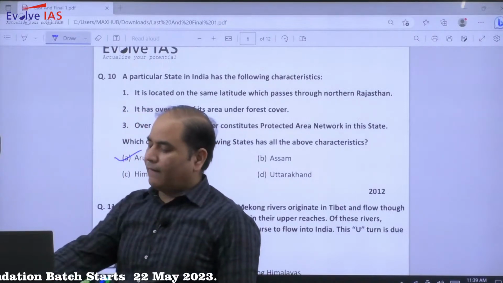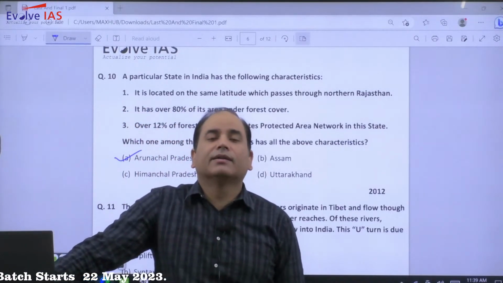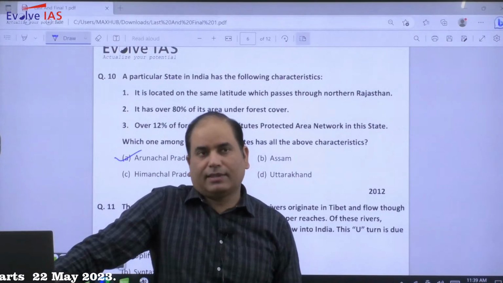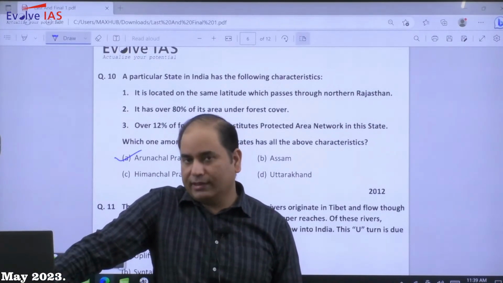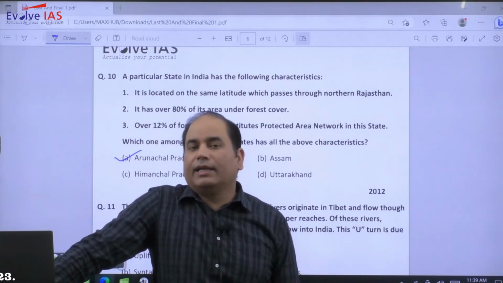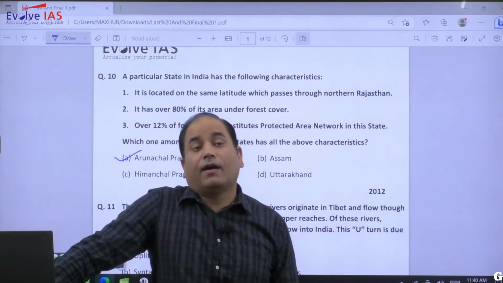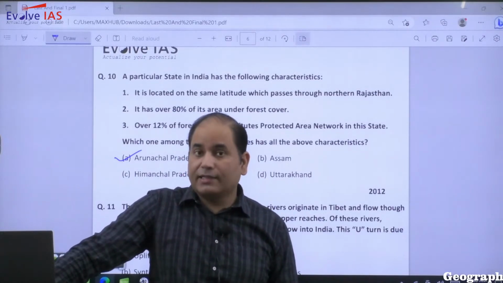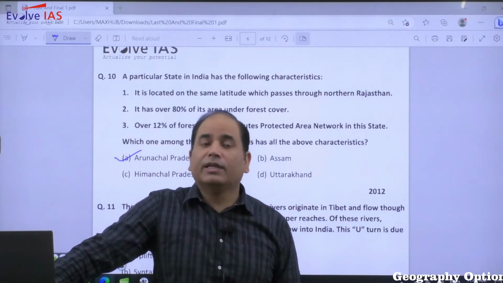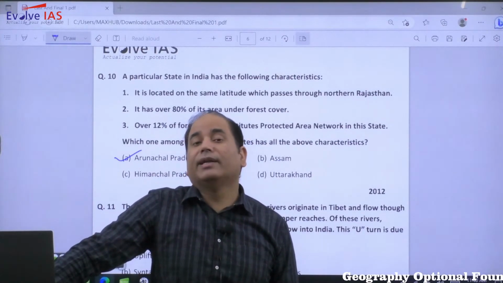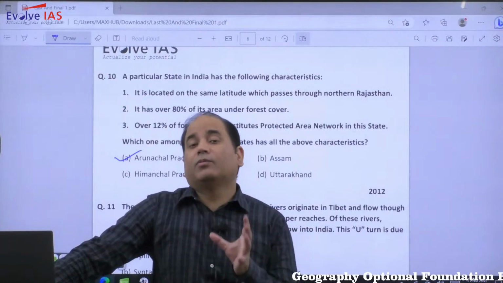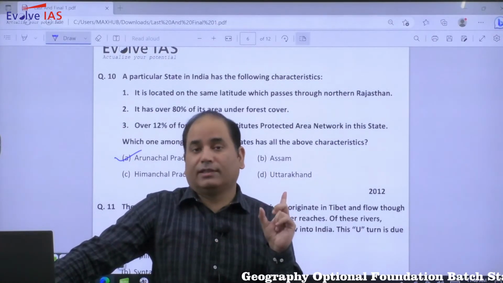Geographically, it is a comparatively very large state, but the population is very less. Most of the area has forest, and because its size is much bigger and the population is less, that is why the lowest population density in India is in Arunachal.